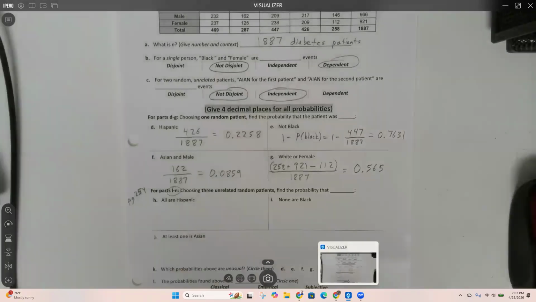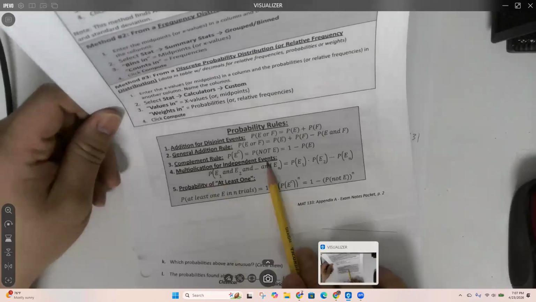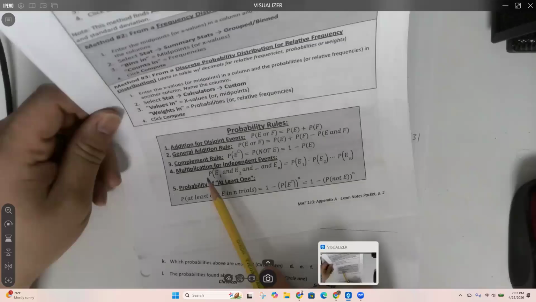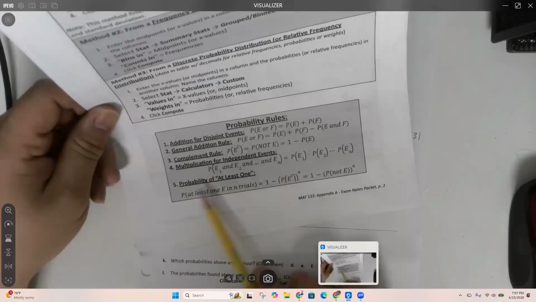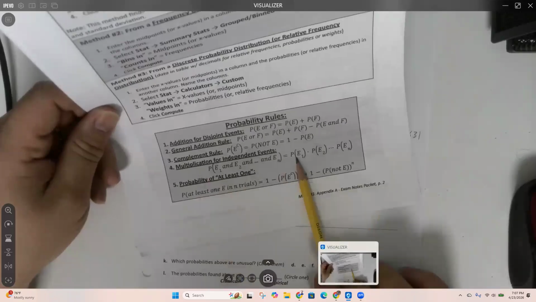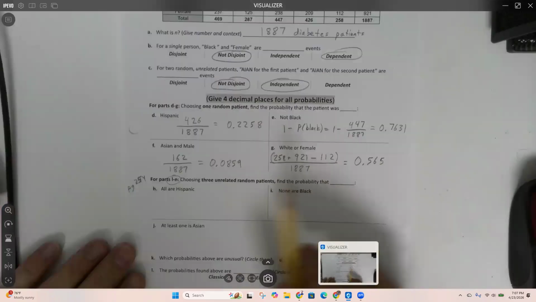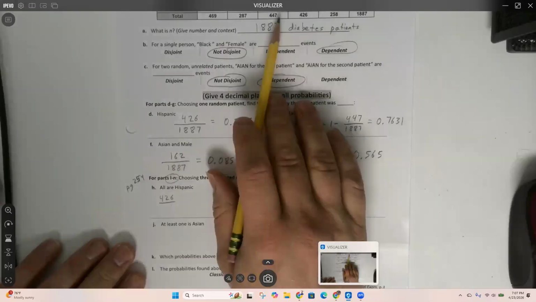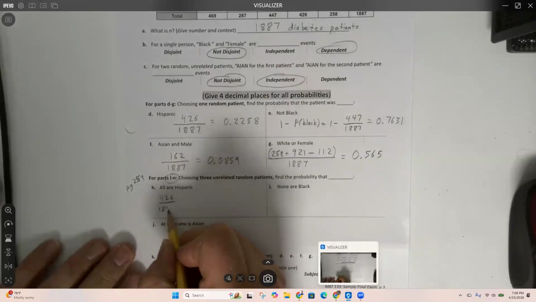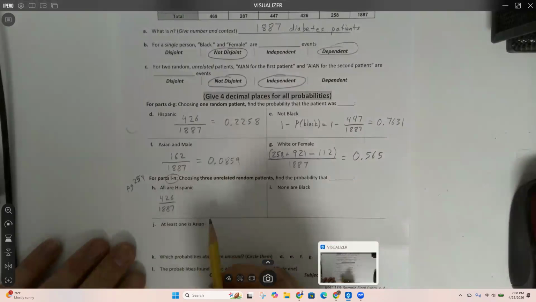On page 254, it says that if you're looking at multiple independent events, you want to find the probability that the first person is Hispanic and the second person and the third person. You'll multiply the probability of Hispanic times the probability of Hispanic times the probability of Hispanic. So we have 426 as the Hispanic number, 1887 is the total, and we'll multiply that times itself 3 times.